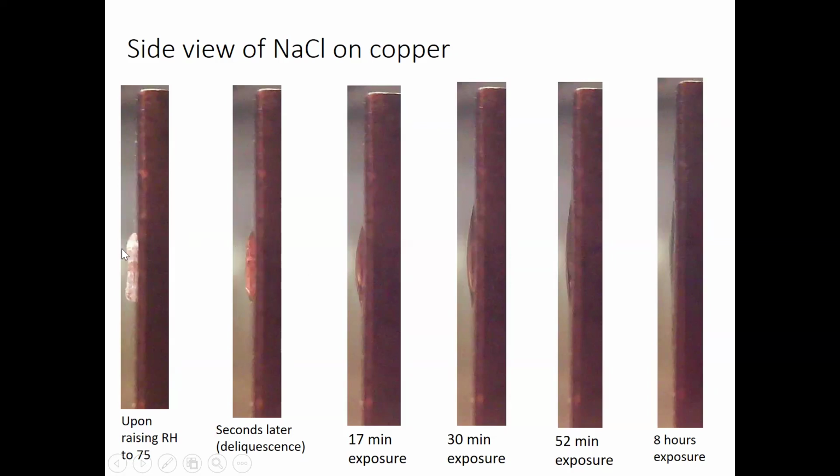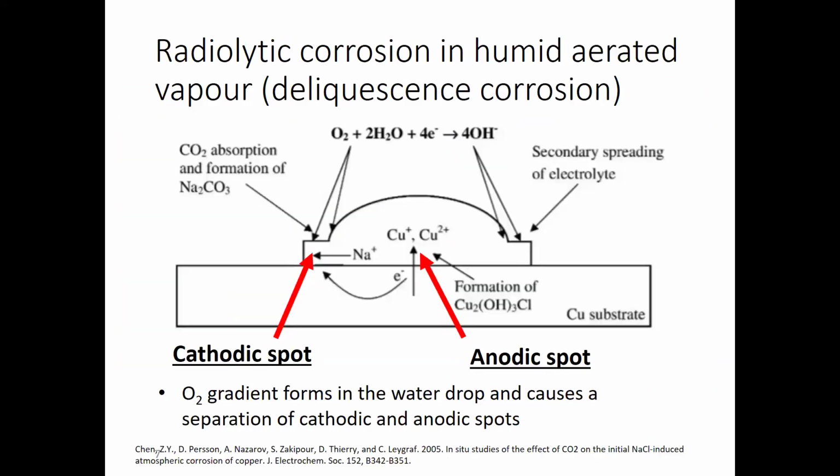So it goes from being totally solid to looking moist, and then within seconds you have liquid water present on the surface. So this is a process that can happen very, very quickly in response to changes in relative humidity, but does not necessarily last. Depending on what happens with the corrosion products that build up, you can actually form something that is no longer deliquescent and have it dry out.